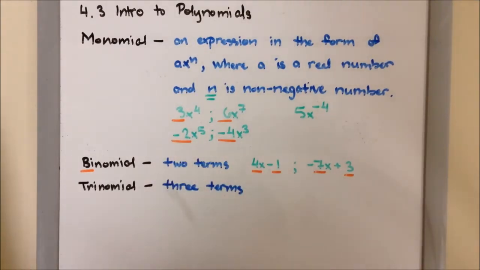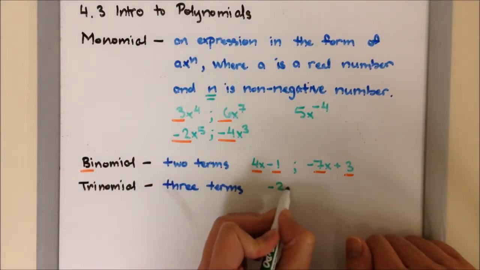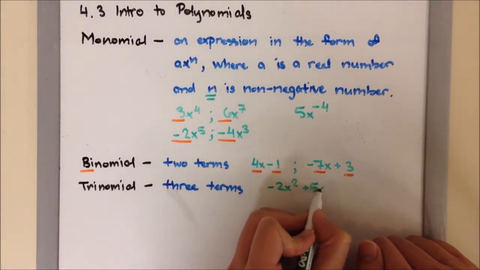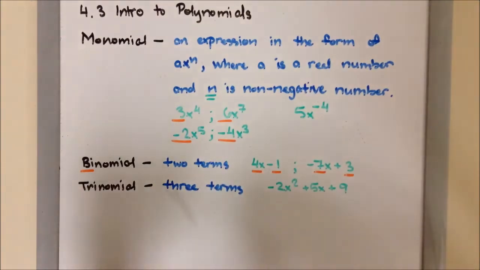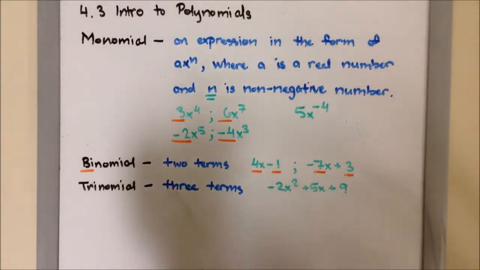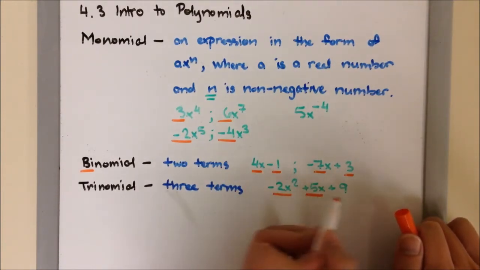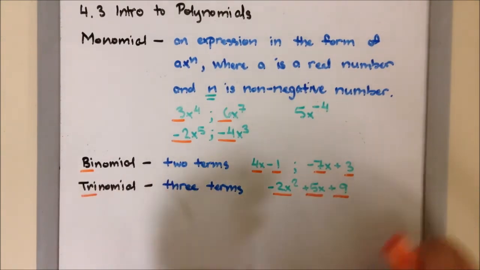An example of trinomial, or three terms, could be, say, negative 2x squared plus 5x plus 9. So if you look closely, you see how this is one term, this is a second term, and this is a third term. So tri means three terms.